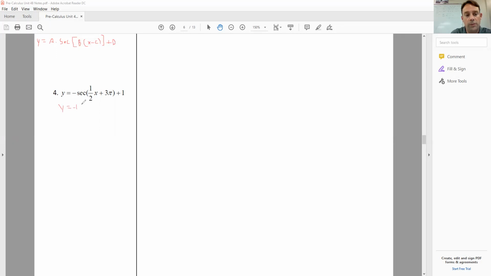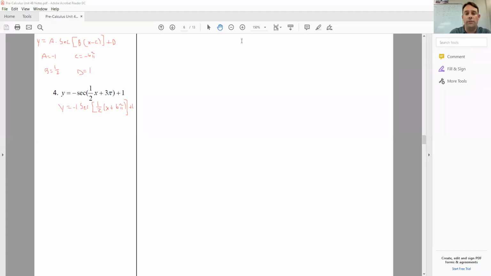If I factor out that 1/2, so I do have a B value this time, x plus 6 pi. So that means A is -1, B is 1/2, C is -6 pi, and D is +1.